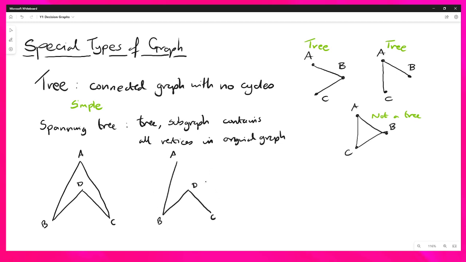It contains all of the vertices from the original graph, but is also a tree because it's a connected graph with no cycles. Okay, ABCD, this graph here is a spanning tree of this graph here.